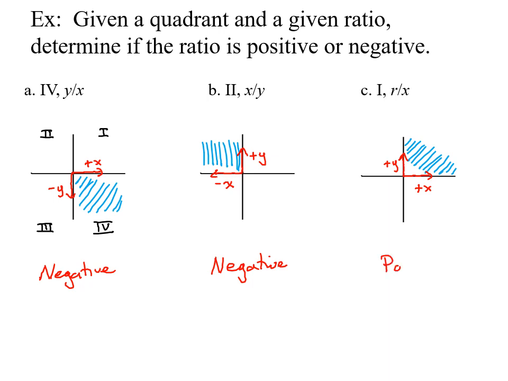This has to be positive. R over x is actually secant, which means secant would be positive in quadrant 1. And you can kind of rationalize in your head, because your x's are positive, your y's are positive, and your r's are always positive. It doesn't matter how you divide them, you'll always get a positive answer. And so that actually means that all 6 trig functions are positive in quadrant 1. And we'll come back to that idea.